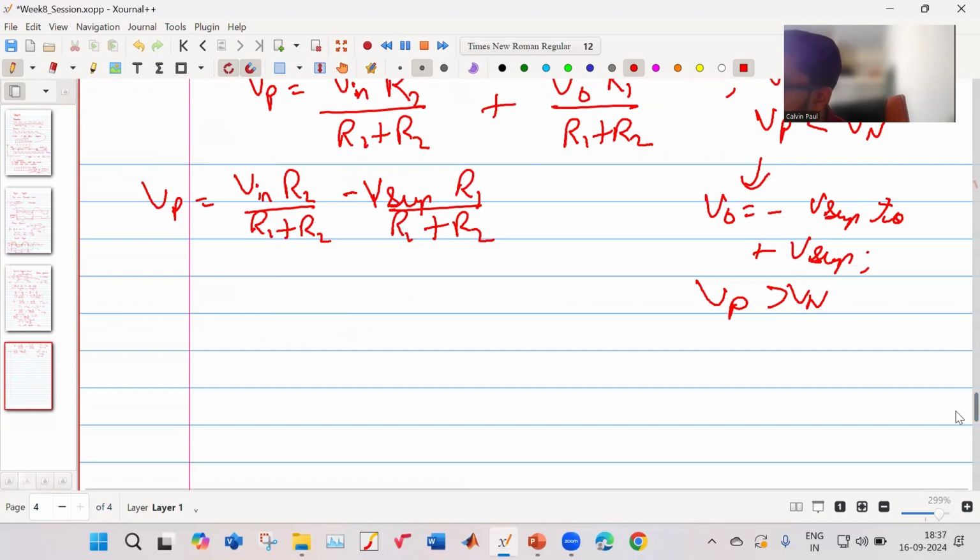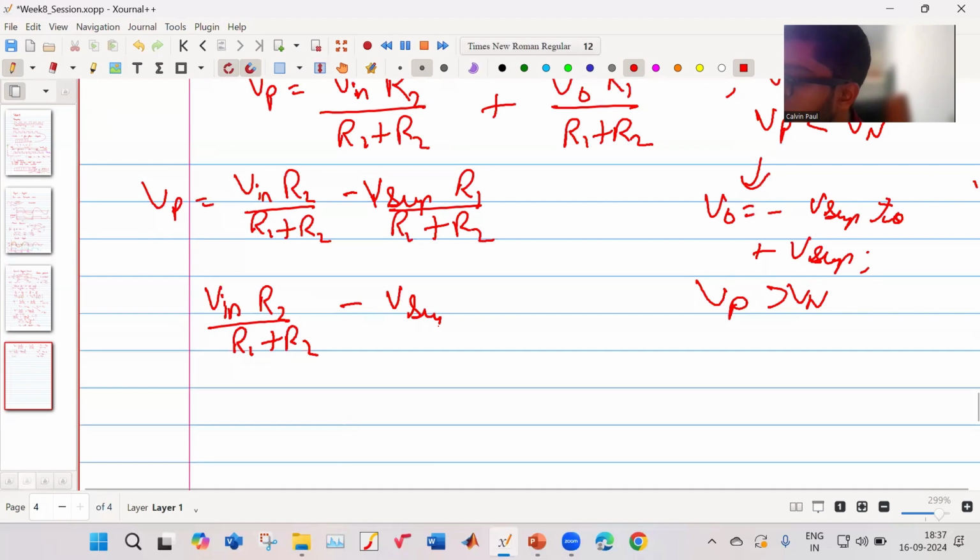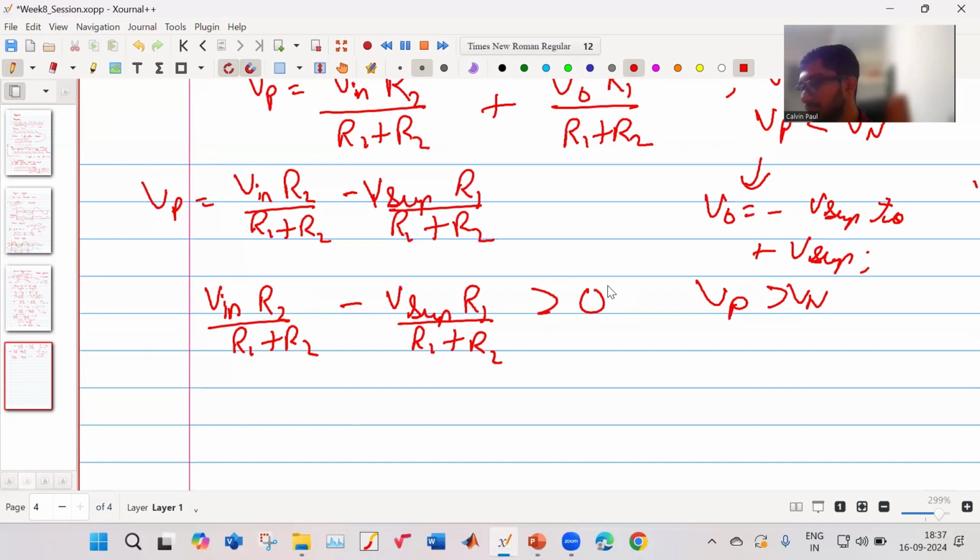If my Vp must be greater than Vn, that means my Vn into R2 by R1 plus R2 minus V supply into R1 upon R1 plus R2 must become greater than 0. Right?